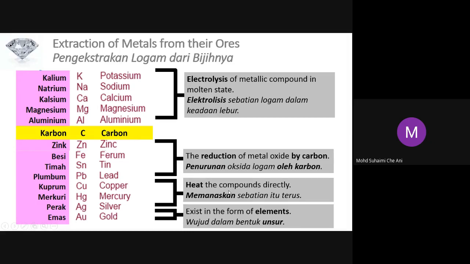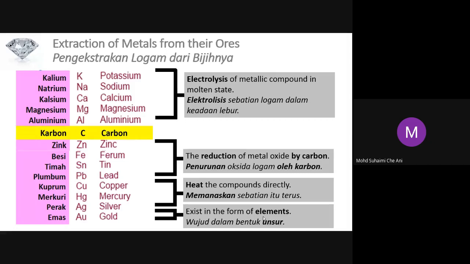But some of the metals you can easily heat them, and when you heat them, they will break down into the elements easily. So this one can be applied for copper and mercury. But mercury sometimes also exists in the elements. So for mercury, silver, and gold, they exist in the form of elements. So in the natural way, they are already purified, already extracted.